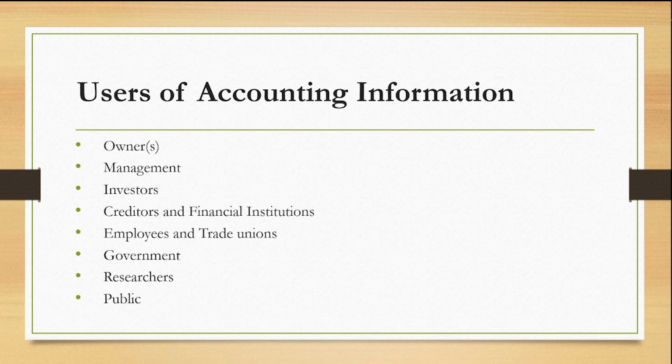Another important user is management, who is managing the whole business. They want to strategize the business for future purposes, so definitely they want to know all kinds of information related to the business, whether the business is profitable or not, the movement of assets and movement of liabilities, and other things.